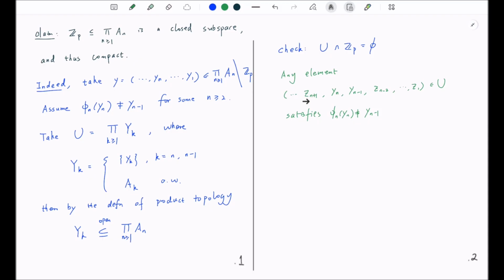So this means this element cannot be in Z_p. Therefore, U is an open neighborhood of this element y that has empty intersection with Z_p. Because y is arbitrary, we must have that Z_p is a closed subspace by definition. Because it is closed in a compact space, it must be compact as well.